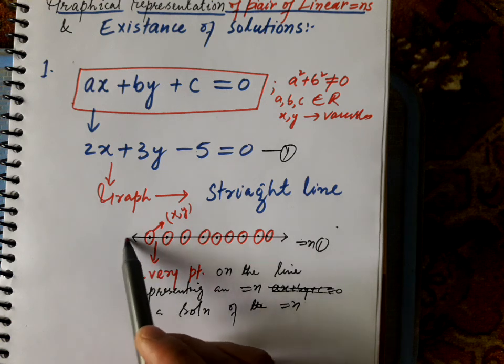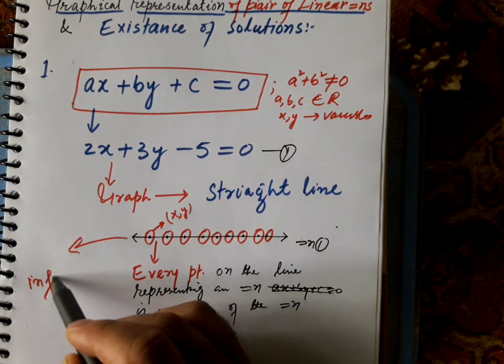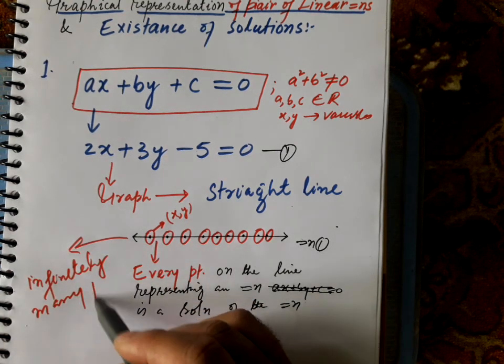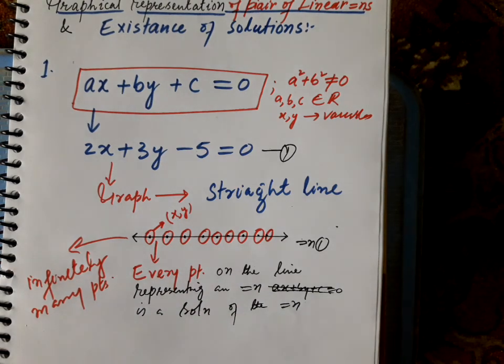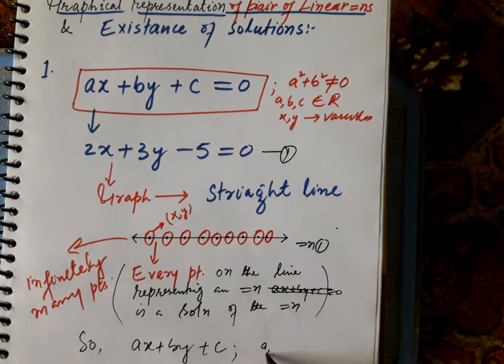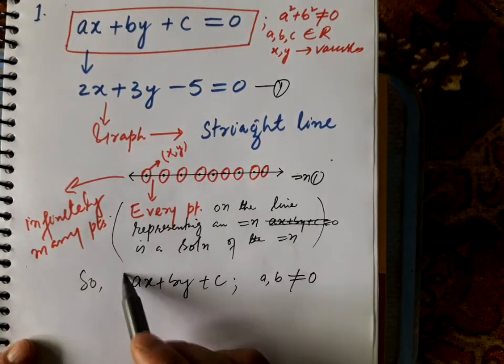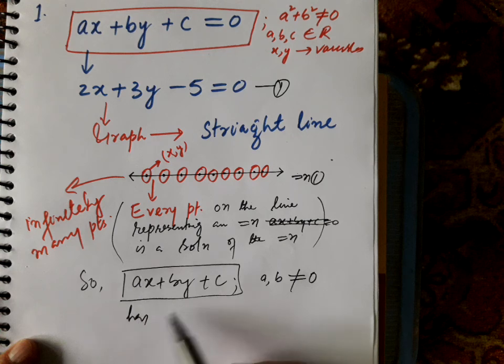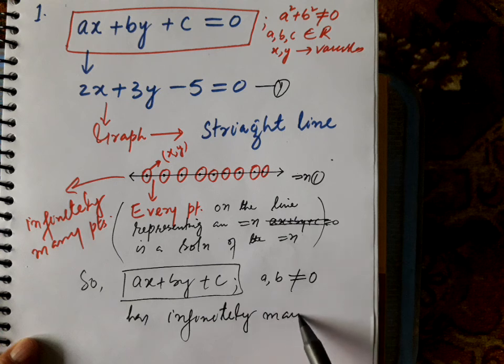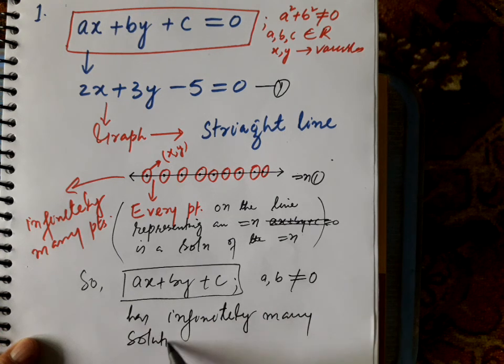So a line has infinitely many points. So a single equation ax plus by plus c, where a and b are non-zero, has infinitely many solutions.